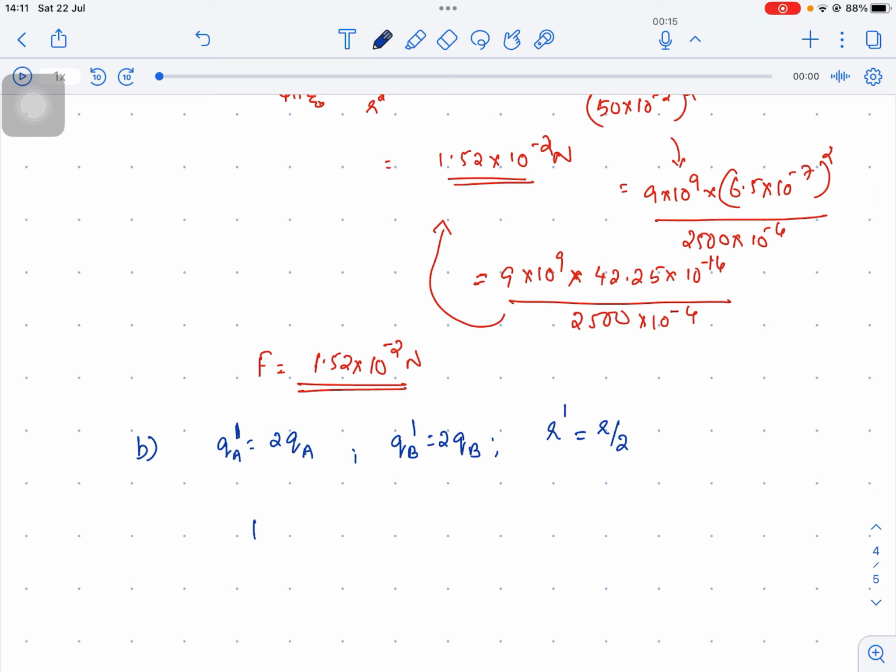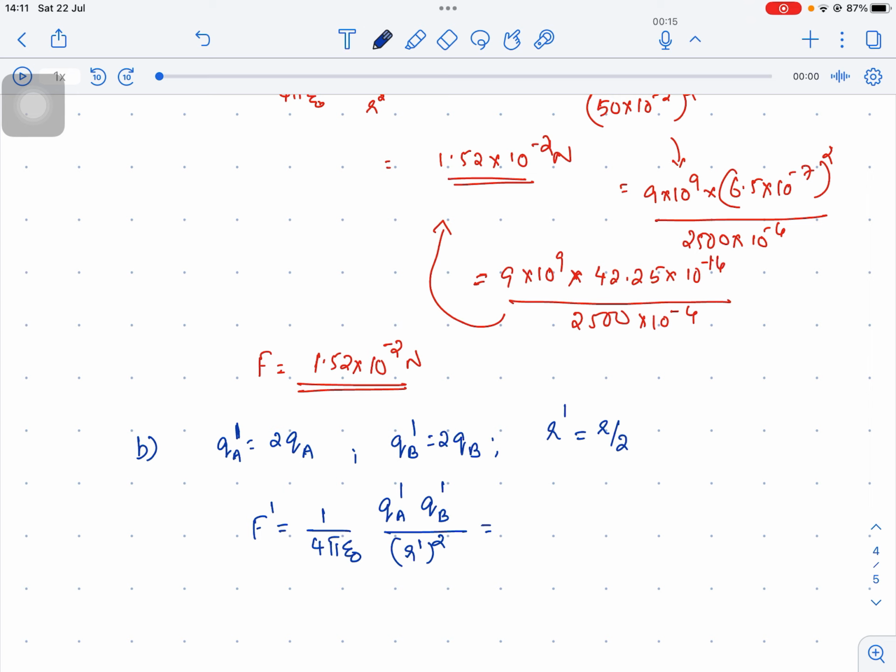Now when you substitute in Coulomb's equation, F dash is equal to 1 by 4 pi epsilon 0 QA dash into QB dash by R dash the square. So this is the new force, that is after doubling the charges and after reducing the distance separation by 2.